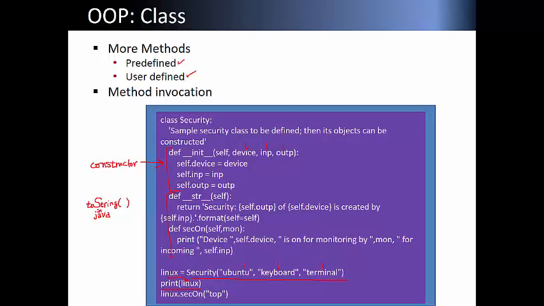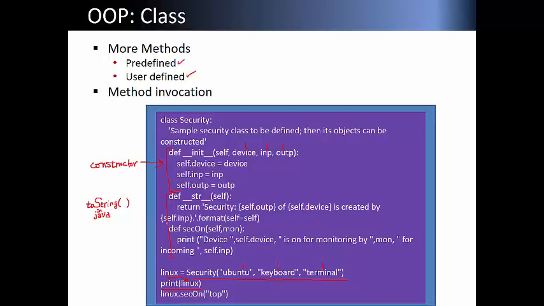When I say print object Linux, what does it print? In that case, it prints according to what is defined in this __str__ open self close parenthesis. Whatever the implementation inside is, that is the implementation.